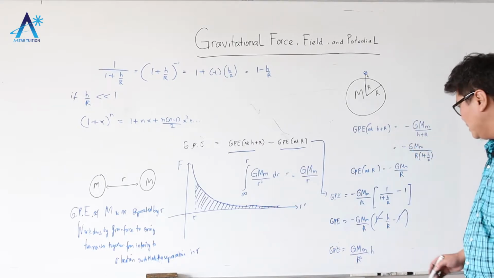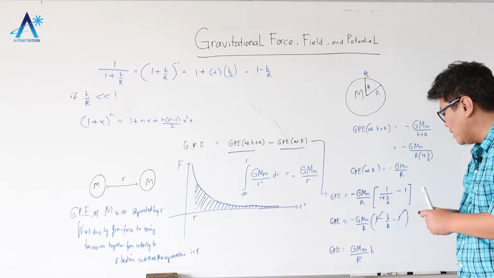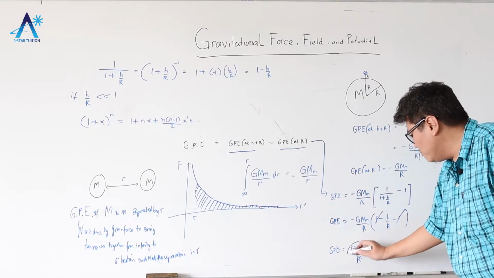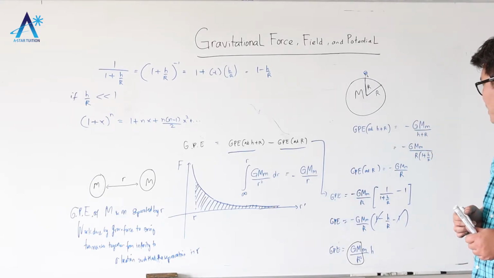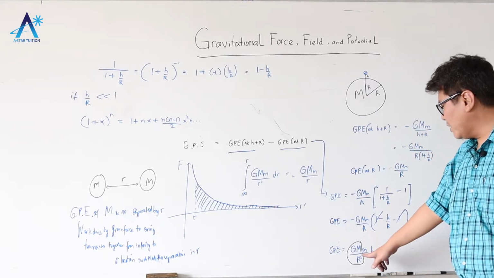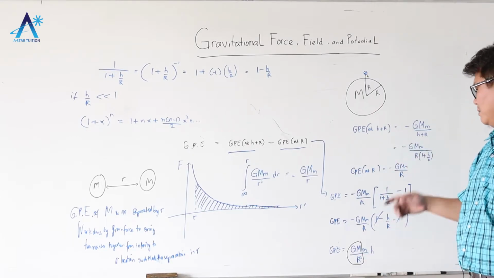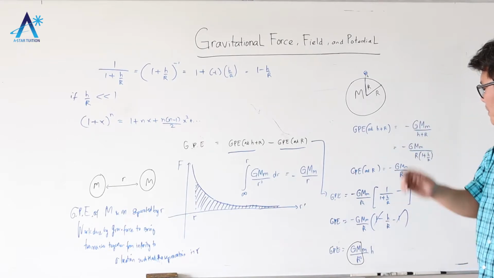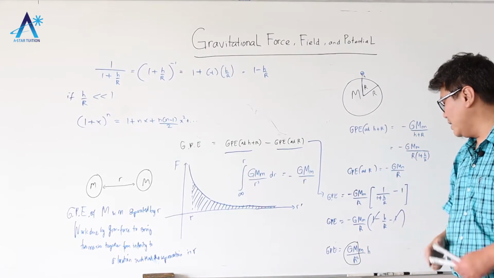Now remember this term, GM over capital R squared, what is this? We discussed before, this is the gravitational field strength produced by Earth, because Earth has mass capital M, at the location right on its surface. That's why R.